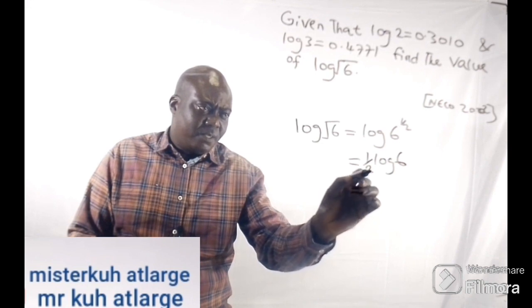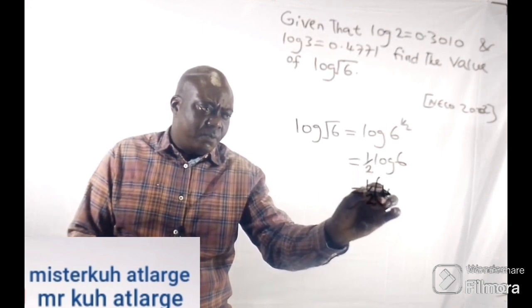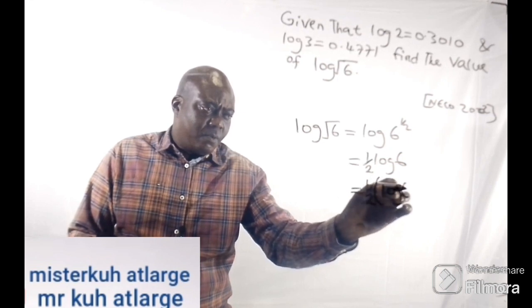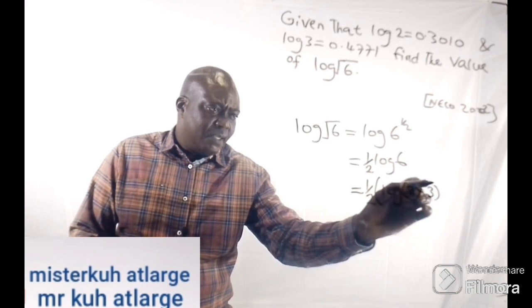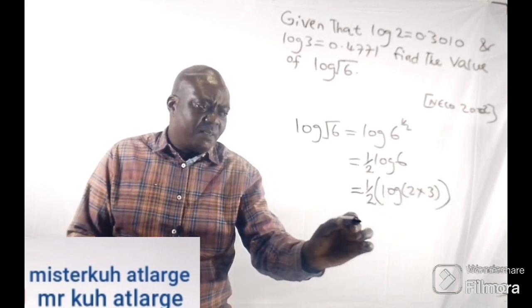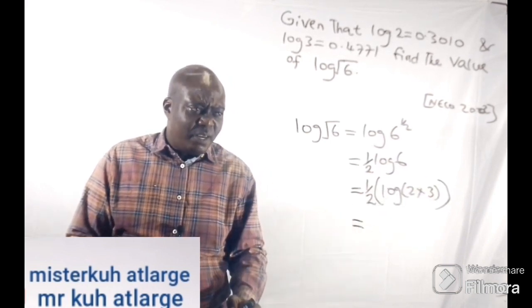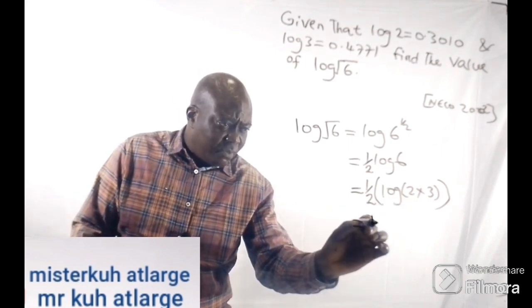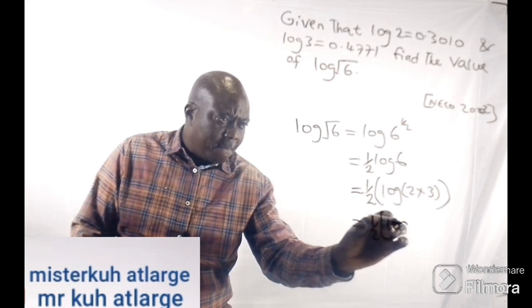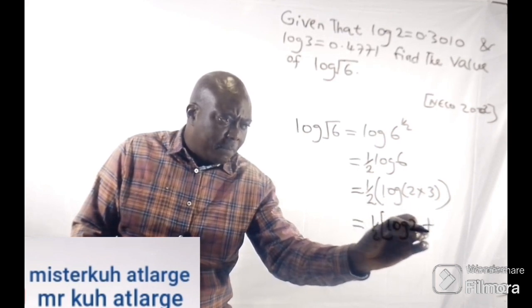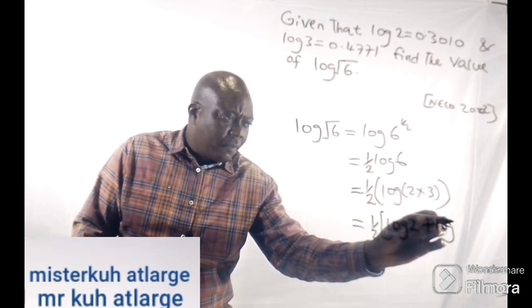And this log 6 incorporating as 1 over 2 into log 2 times 3. Yeah, lower logarithm. So if you go further, you have this into log 2 plus log 3.